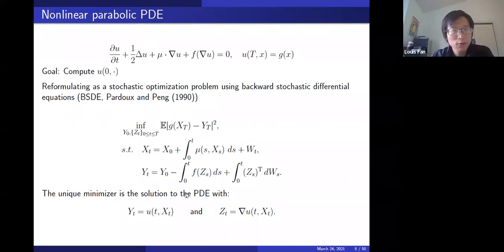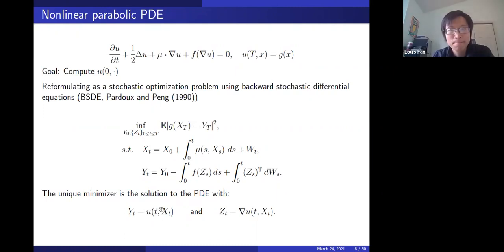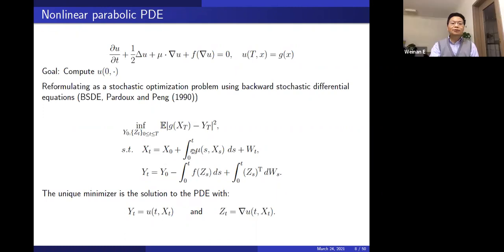So in practice, which one is more used? Do people really use the second formulation, this stochastic optimization problem to solve this kind of PDEs? In terms of performance and accuracy, I would say this is better. But this requires you to think about these stochastic PDEs and even backward stochastic PDEs, and sometimes people just don't want to think about it.